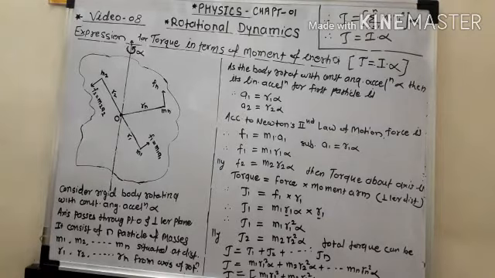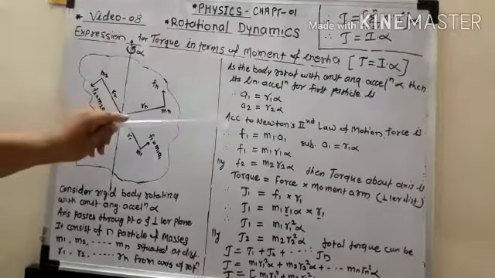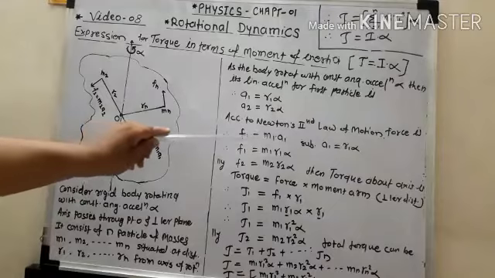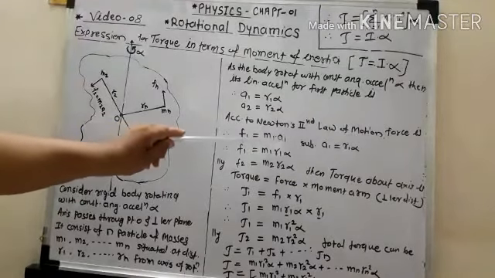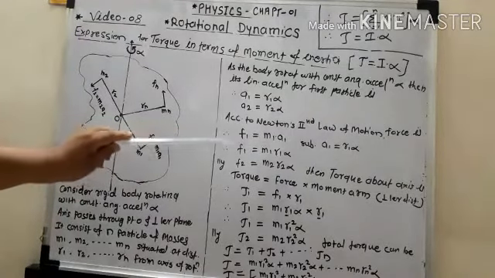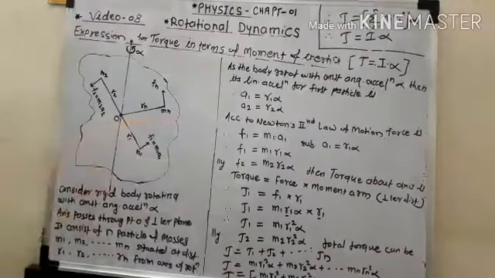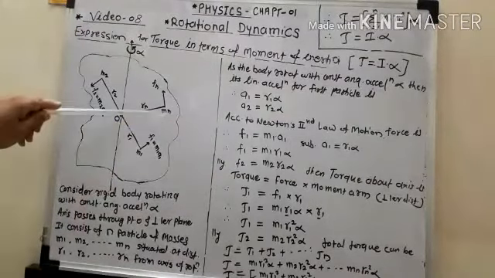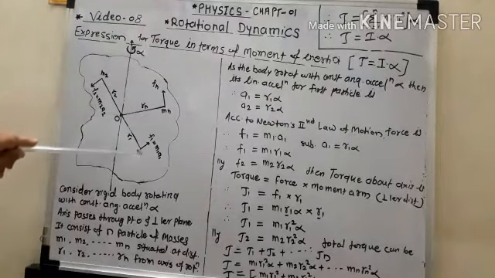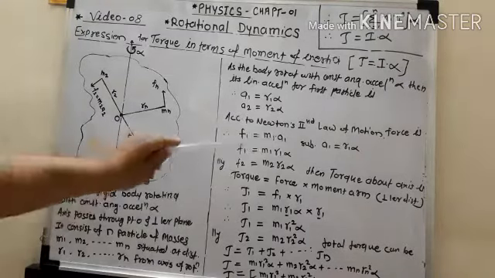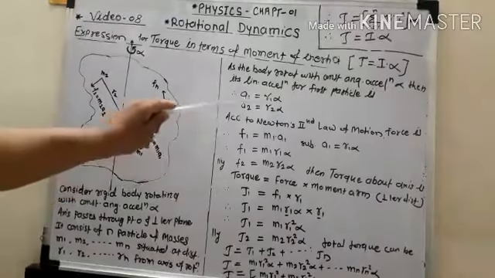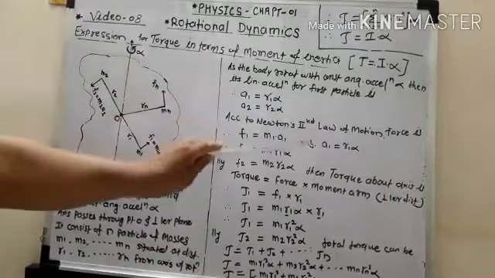Therefore, according to Newton's second law of motion, the force for the first particle of mass m1 and linear acceleration a1 is given by F1 is equal to m1 a1, as shown in the figure.